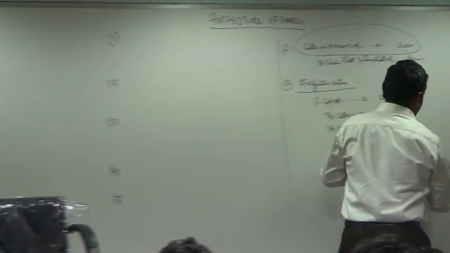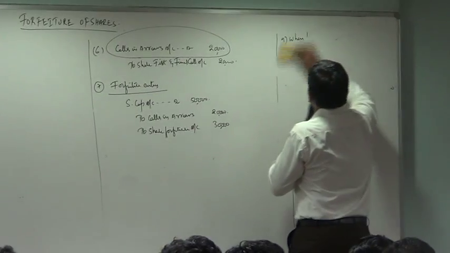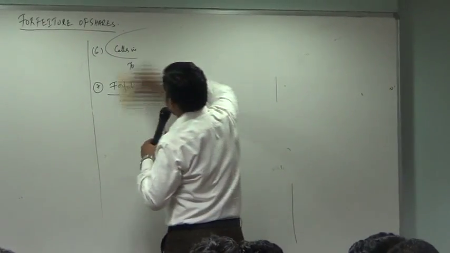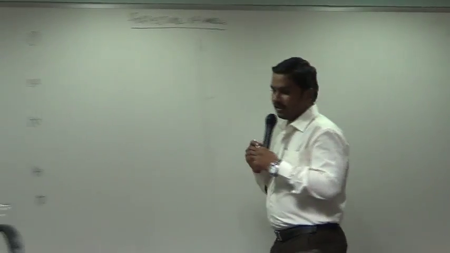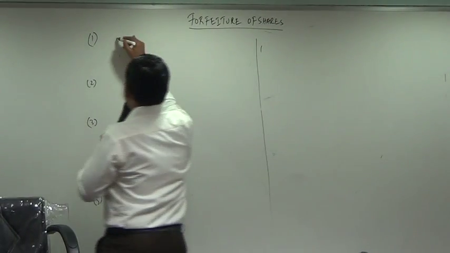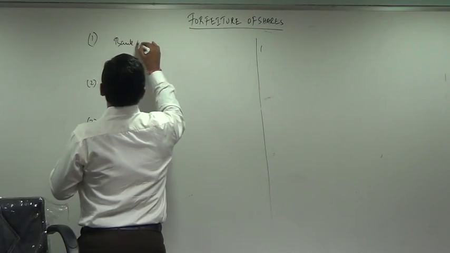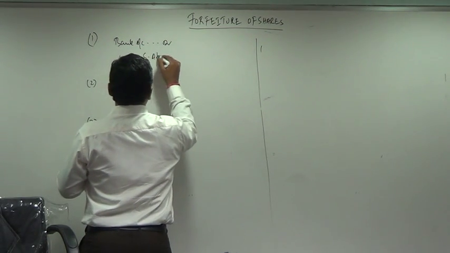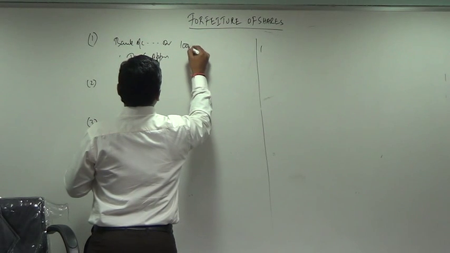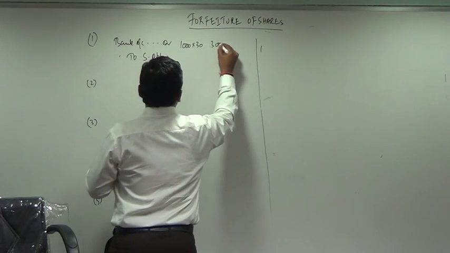Tell me, what is the entry for application money received? Very good. Bank account debit to share application account. How much? 1000 into 30, 30,000.